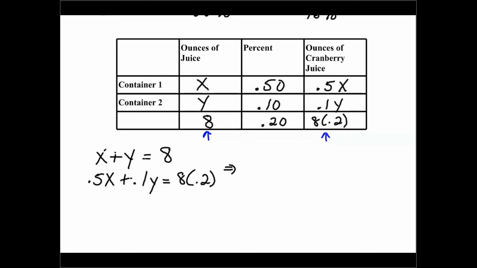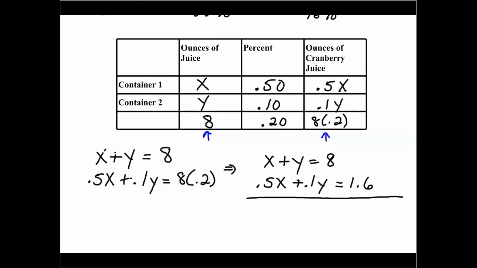I'm going to write these equations again and simplify the second equation. And then 8 times 0.2 is 1.6.